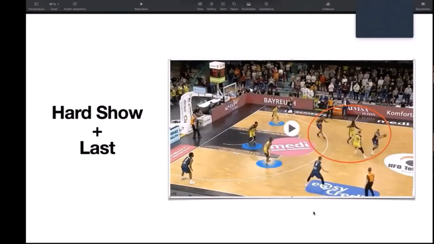Here you can see there is an aggressive ball screen coverage with the protection with these three guys. This is a hard show, and we have a last. And basically what the offense is doing now is support, right? He could be a little bit closer to the elbow, so this pass would be easier.